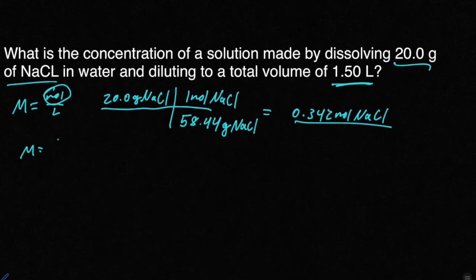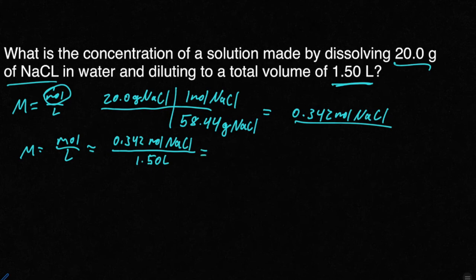Molarity is equal to moles per liter. No need to rearrange because we're looking for the molarity in this case. So molarity is already on its own. We just plug in 0.342 moles of sodium chloride and divide that by our total volume, 1.50 liters, and we'll get our concentration: 0.228 molar sodium chloride solution.